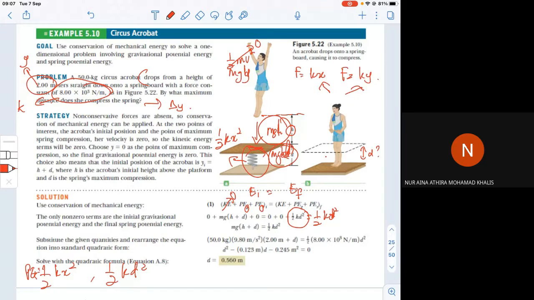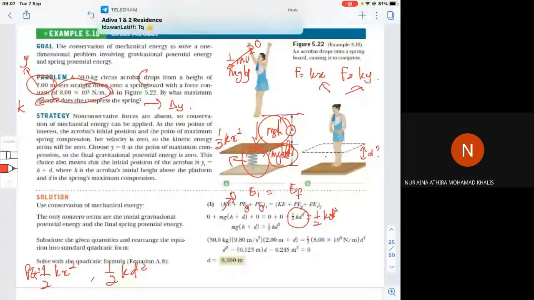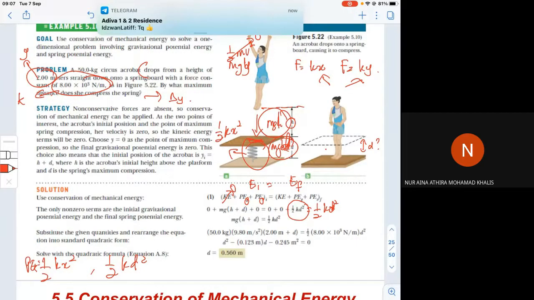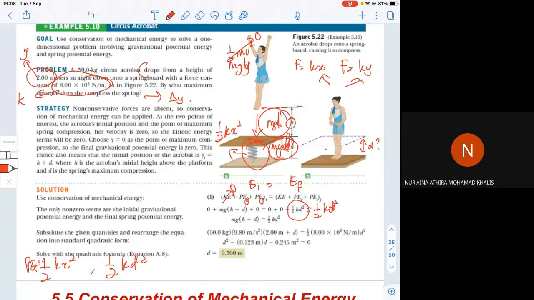So right now we will reduce to the point where we have mg(h plus d) of the girl strictly equivalent to half kd squared. Then with the proper d, we will get d equivalent to 0.56 meters.